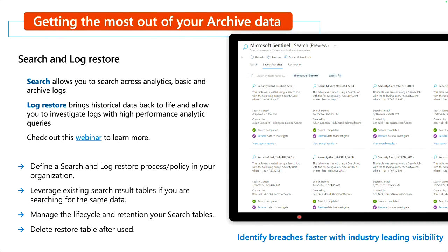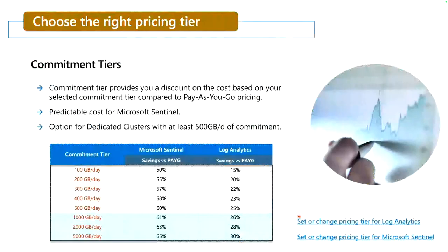As I told you, we at Proficio know everything about that, so we can help you navigate in this world. Commitment tiers are a very good way to get a discount.